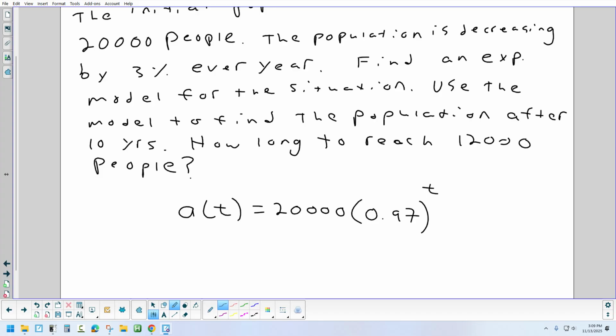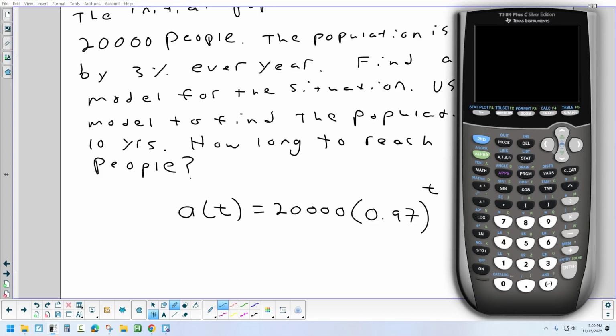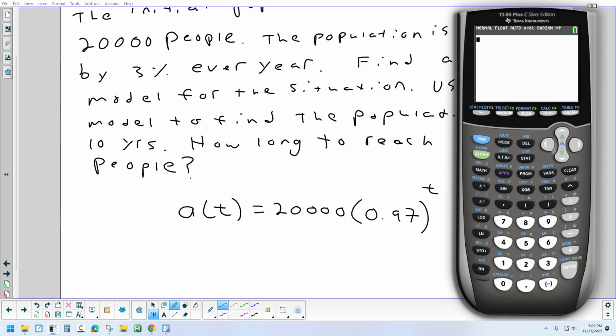So we're going to plug in 10 for t. So we'll do 20,000 times 0.97 to the 10. Now that doesn't require a logarithm because we filled in for the variable. There was no variable exponent anymore. So after 10 years, we'll be down to 14,748 people.